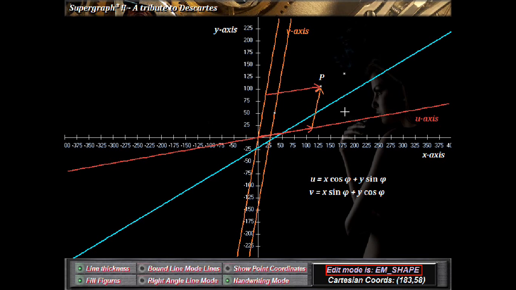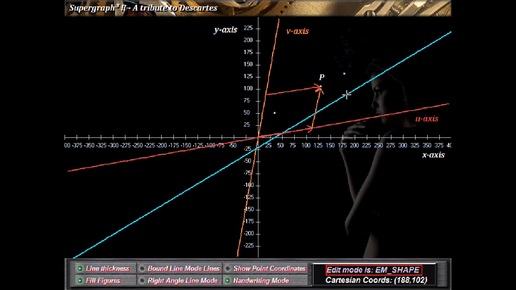It's a line. So if y is linearly related to x, then u will be linearly related to y. This is what linear algebra is about: linear relations. So I can say definitely that this would appear in the UV system as a straight line. I'm not sure what its slope would be; I'd have to work it out.